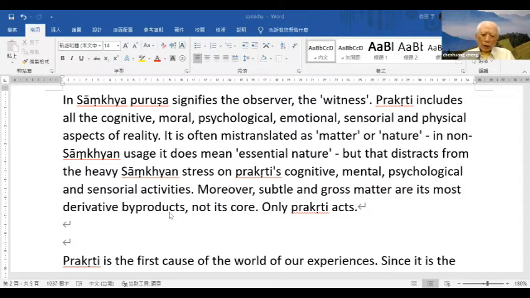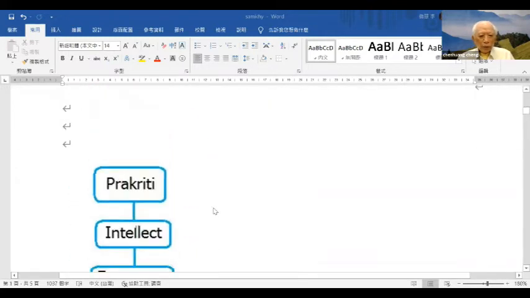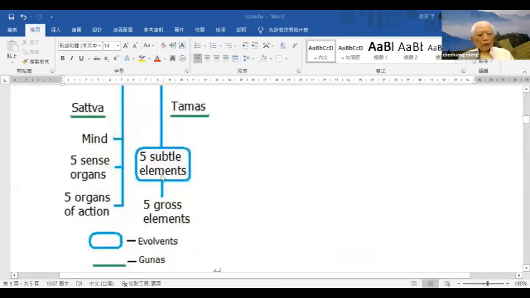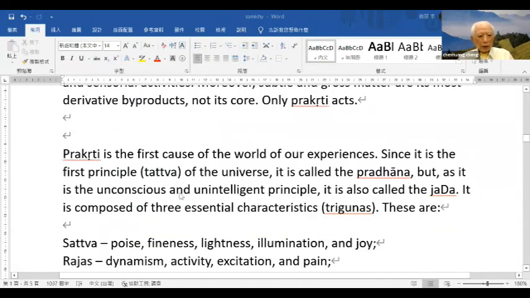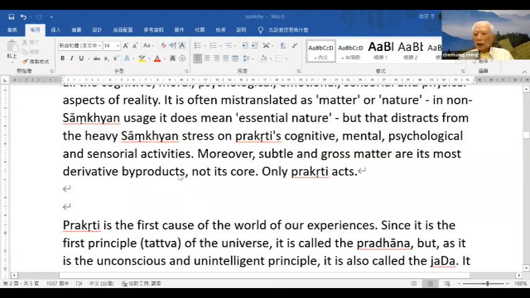It means even though Prakriti evolved into five subtle elements and five gross elements, they are the byproducts, not the main products. And it is the most derivative byproduct. It means that it is the least important product. It is only a product, not the main product.